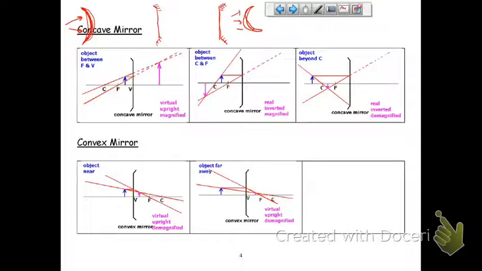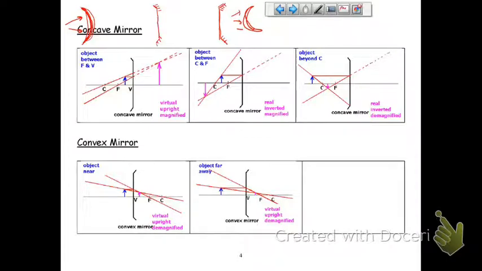There are 3 distances or points that I can characterize for any of these mirrors. The center of curvature, the focal point, and the point where the principal axis meets the mirror. I can use these 3 points as positions.